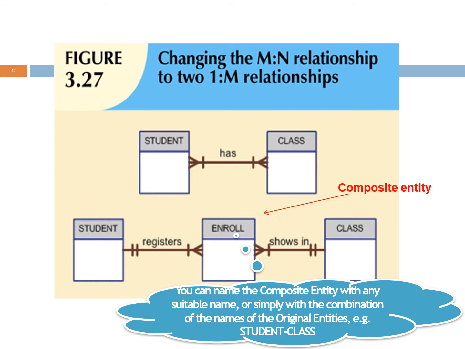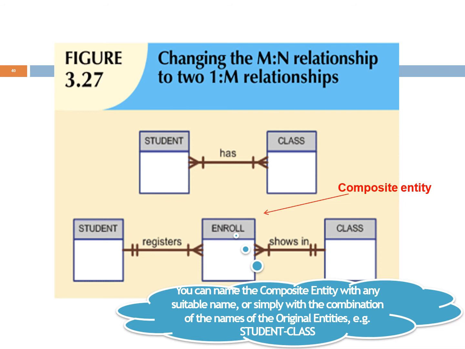So you have student and enroll. Student is one, many at the side of the composite entity enroll, and class you can see is also a one to many relationship, where one is at the side of class and many is at the side of the enroll. Okay, so enroll is the composite entity.